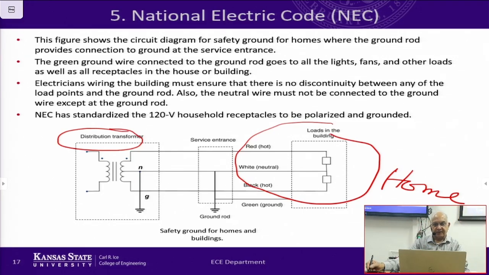go inside the house. So basically, again, I'm talking about the system in the United States, but of course you may have a very similar system here. I think NEC is pretty much used across the world, as far as I understand. But there would be similar code for India, I'm sure.